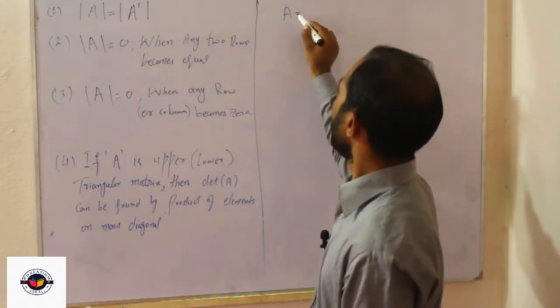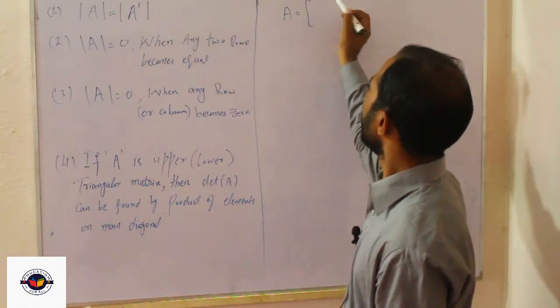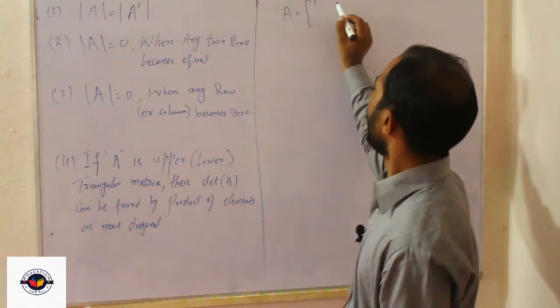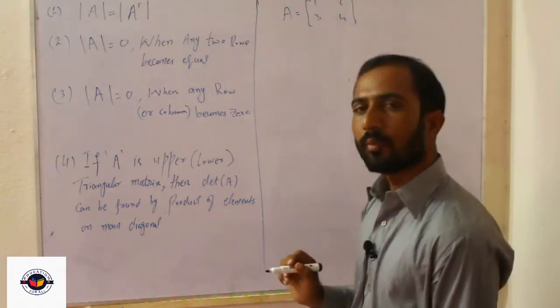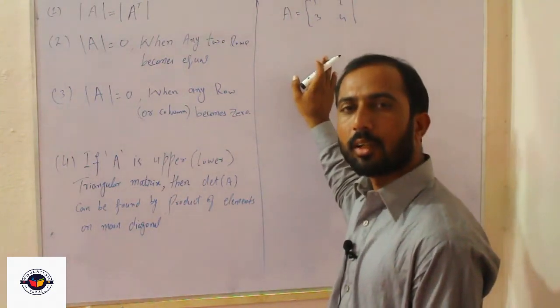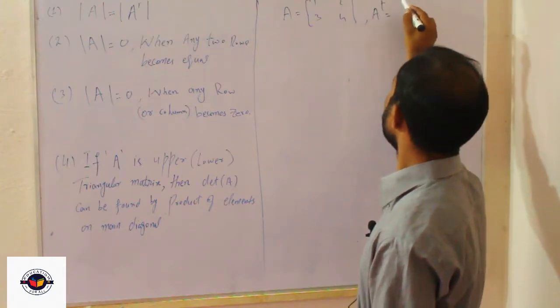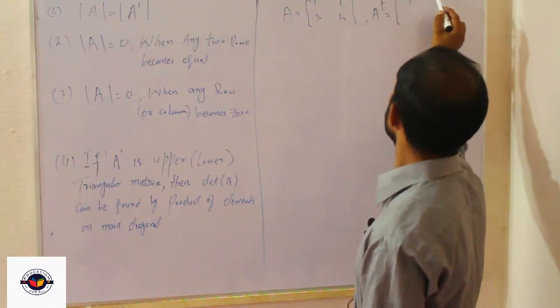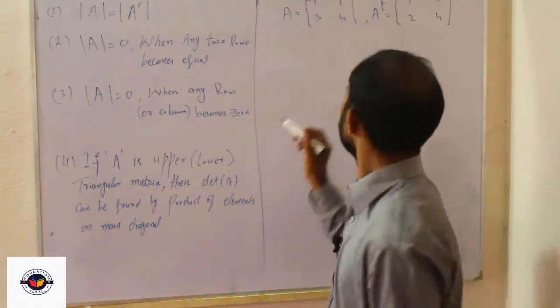For example, our matrix A is given as 1, 2, 3 and 4, and the transpose of this matrix will become 1, 3, 2 and 4.